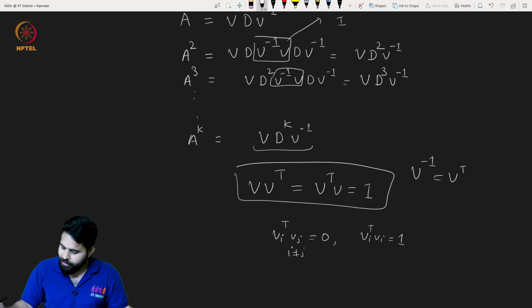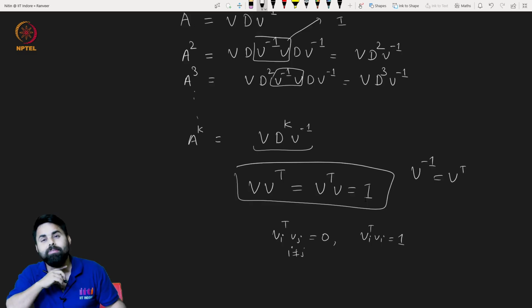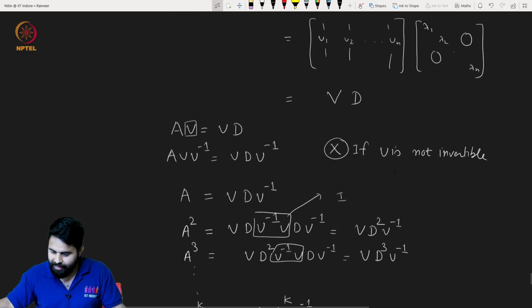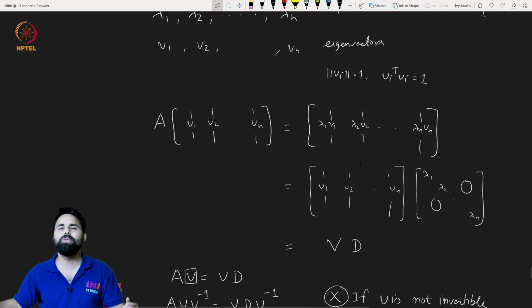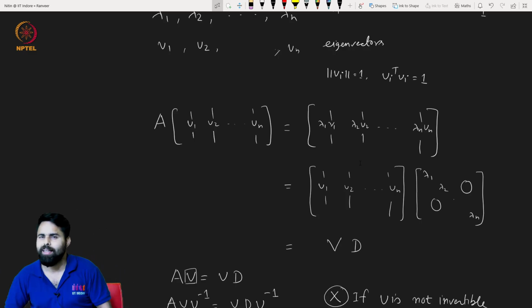Okay, very good. But for what kind of matrix is this possible? Let me revise what we have done till now. We have chosen vectors v1, v2, up to vn, which were the eigenvectors corresponding to lambda 1 up to lambda n.